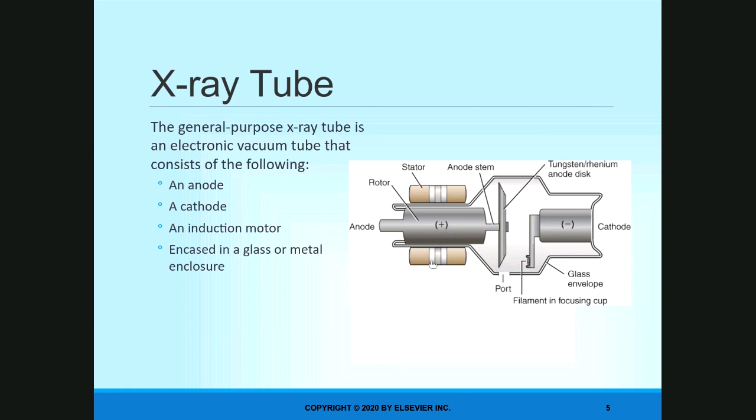The cathode on this side has what's called the filament or filaments and a focusing cup. Okay, this is where the electrical supply is placed. It comes in from the top and it supplies electricity to the negative side of the tube or the cathode. And it's typically composed of the filament and the focusing cup in here. And that makes up the cathode portion.